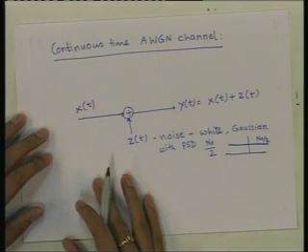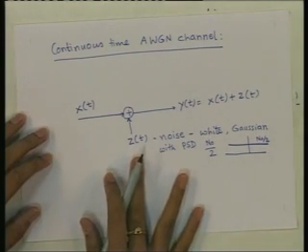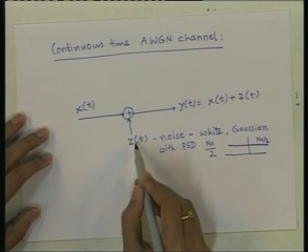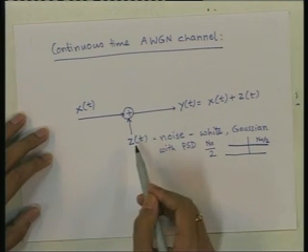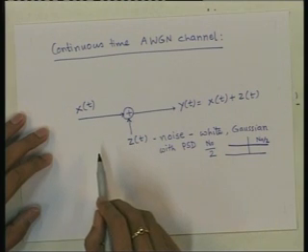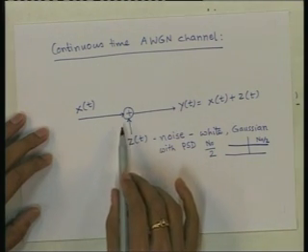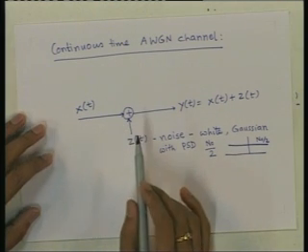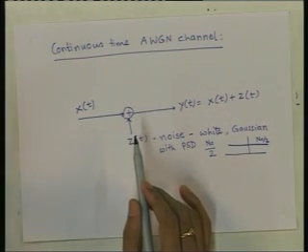Now, in both these cases we have assumed white noise, which means that the noise at the present time does not depend on the noise values in the past. So, that itself means that the channel is memoryless, just like the discrete memoryless channel we considered, where each use of the channel is independent of the others.